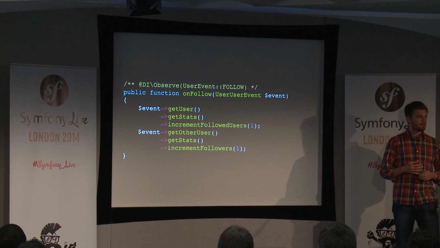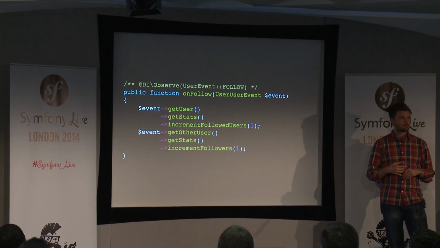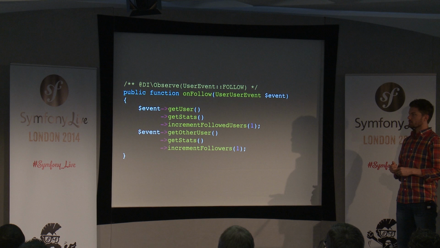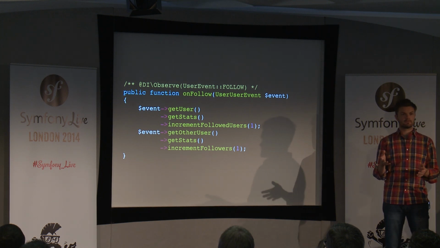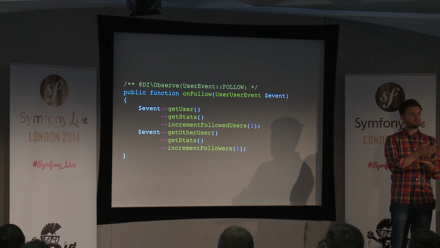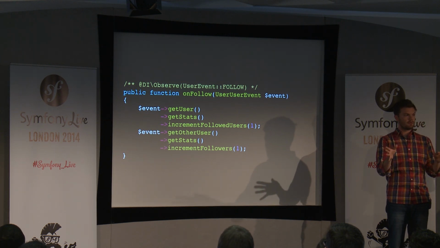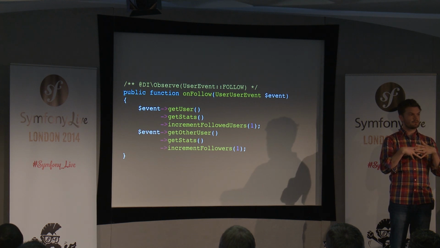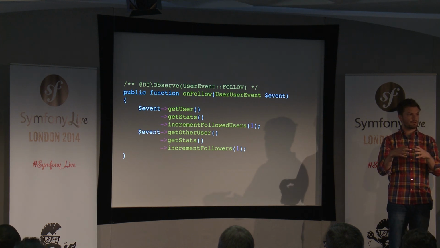Or whenever a user follows another user, we need to increment that user's number of followers and increment the other user's number of followees. So this concept of whenever this happens, that happens, helps me to break apart an application which otherwise might be really tangled up together into small buckets.